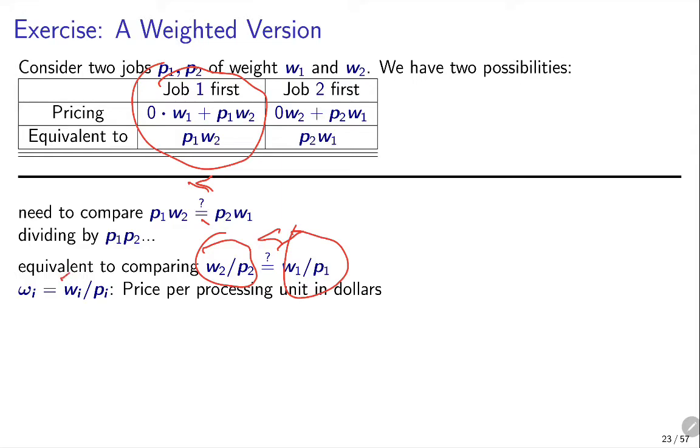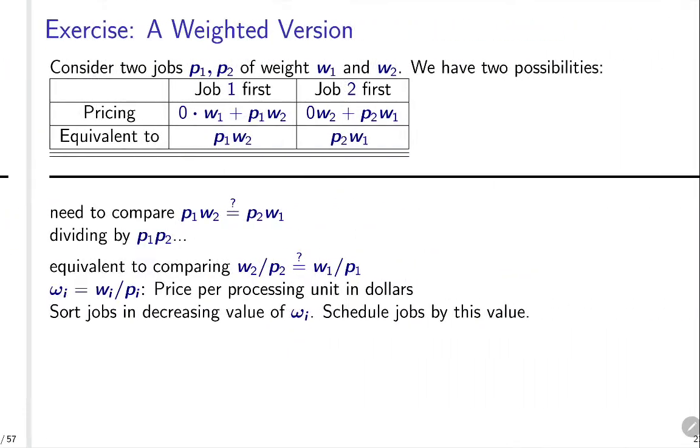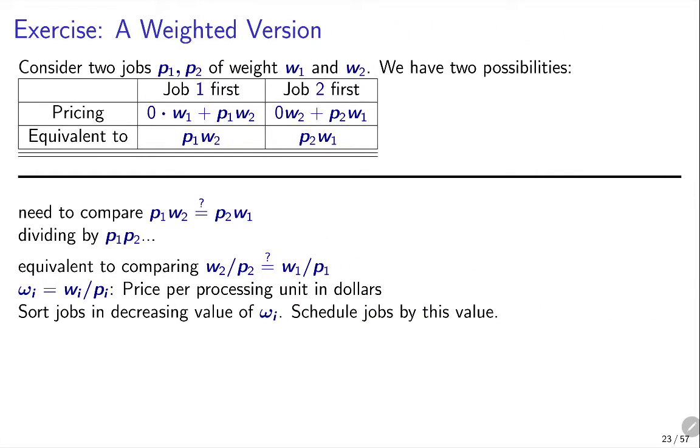So what are we going to do? Let's compute this ratio for all the jobs, omega_i, which is just W_i divided by P_i. The right way to think about it, as I mentioned, is that if W_i is the payment we get for the i-th job, then W_i over P_i is the price we get paid for one unit of processing time. And now all we need to do is sort them in decreasing order.